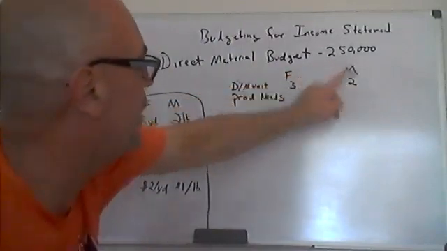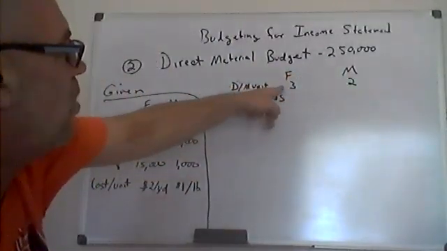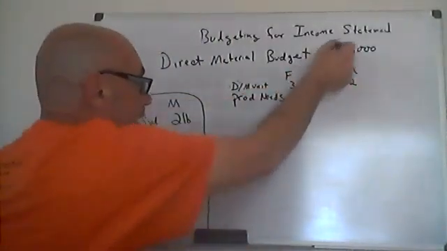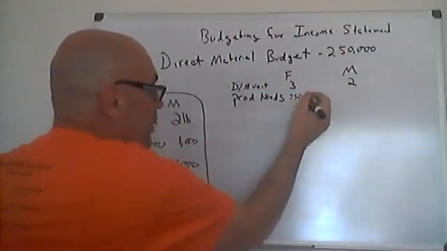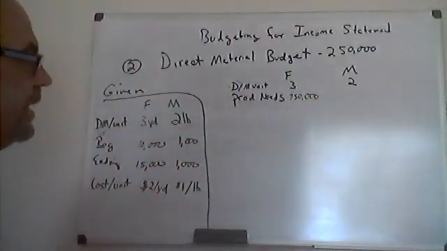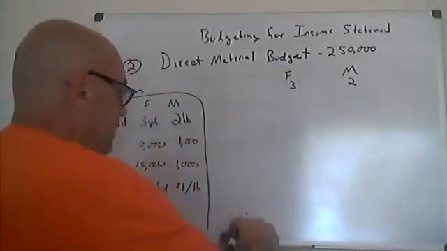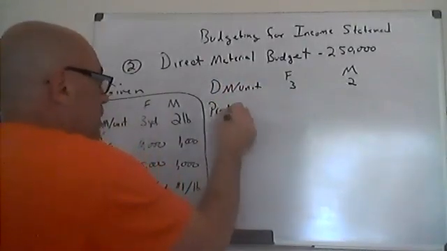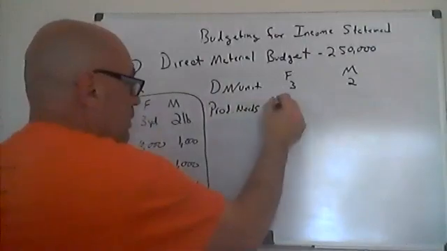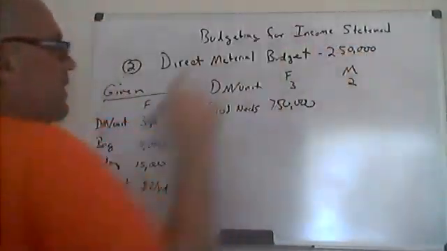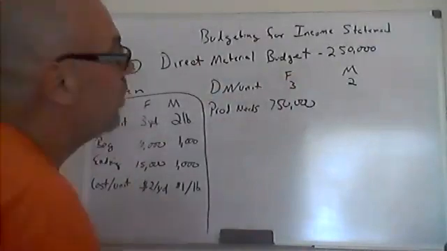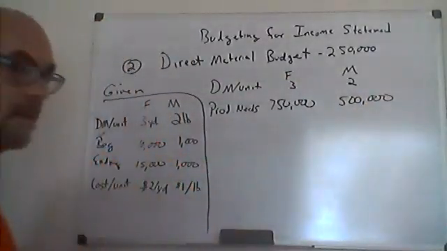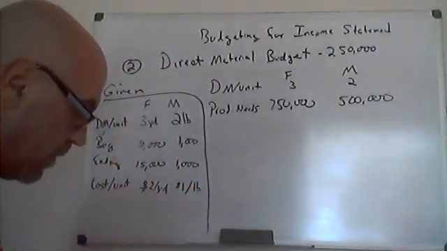So we need to produce 250,000 units and each one is going to take 3 yards. So we need 3 times 250,000, or 750,000, in production needs. You do the same thing for the metal. 250,000 units, we need 2 pounds per unit, so we need 500,000 pounds.